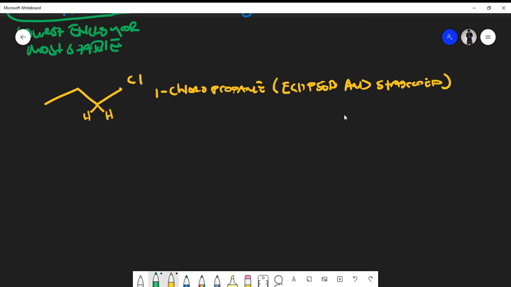So I'm just going to write F for front. This is the back carbon, and again, we have two hydrogens. But remember now we have a methyl group on the back carbon. So let's write B for back.